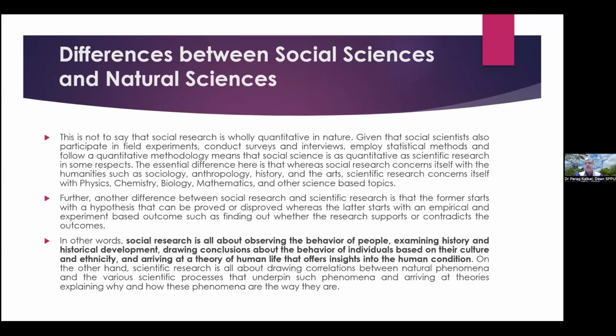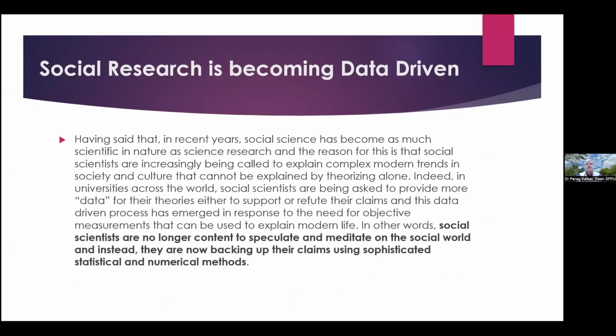Human behavior is not predictable, it's not a machine. It involves examining history and historical development, drawing conclusions about the behavior of individuals based on their culture and ethnicity, and arriving at theories of human life that offer insight into the human condition. So this is about social science research and natural science research.